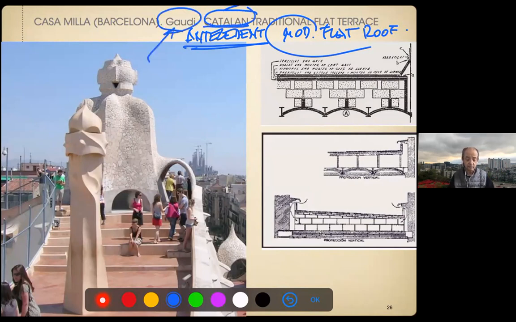Gaudi used a lot of flat roofs, as you can see here. This is the roof of Casa Milà. And of course, Catalonia is part of the Mediterranean area, and there is a huge tradition of using the roofs because you have a nice view, air, nice weather, and so on. You enjoy it. And this system is very modern in some way.